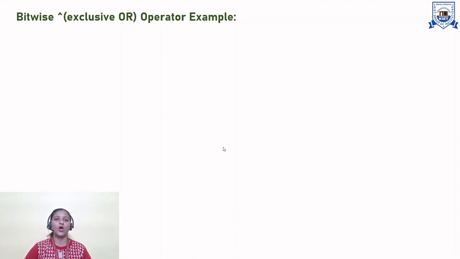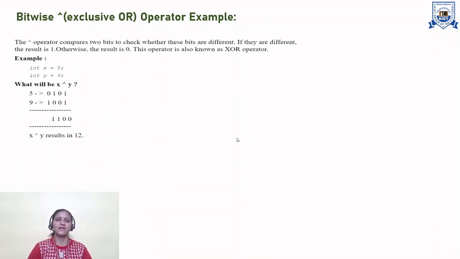Exclusive OR operator. Now what happens in this? It compares the two bits to check whether these bits are different. If they are different, the result is 1. Otherwise, the result is 0. This operator is also known as the XOR operator. It means both the bits must not be the same.